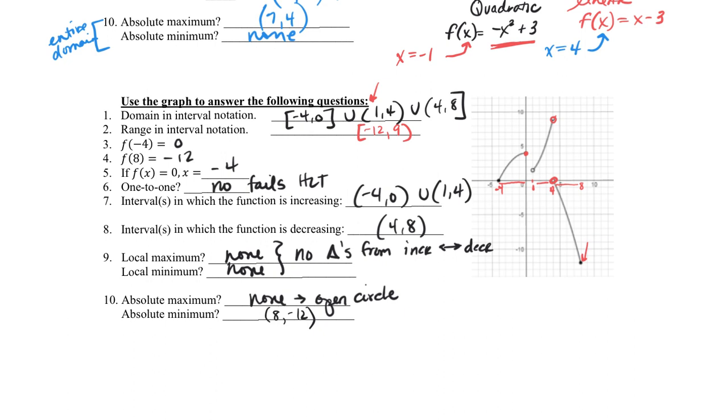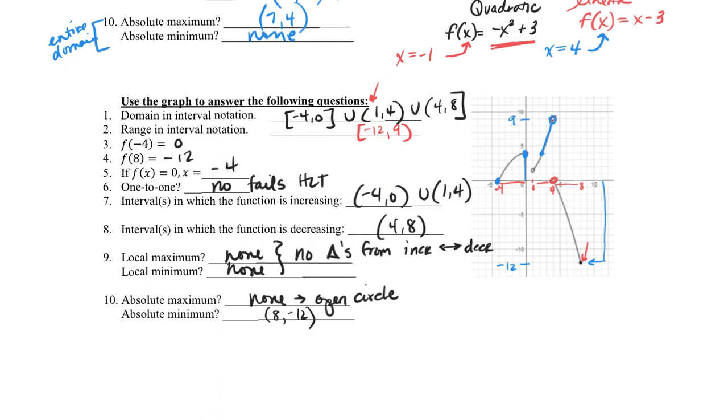Range should be from -12 to 9, and that's because my smallest y value down here is at -12. I use a bracket because that is a closed circle, and then my y values come all the way up to where this bottom piece of the graph ends, and I can see it comes to 0, but then I just jump over here to the next portion of the graph, so I have y values here at 0, all the way up to 4, and then I just jump across here to this portion of the graph, and I have y values from 4 all the way up to 9.